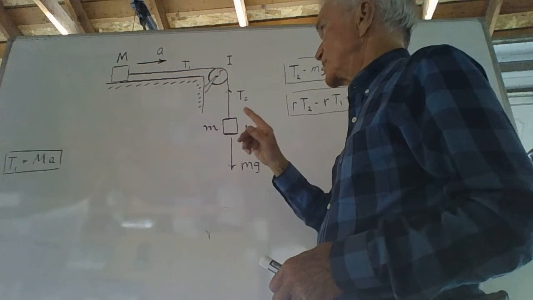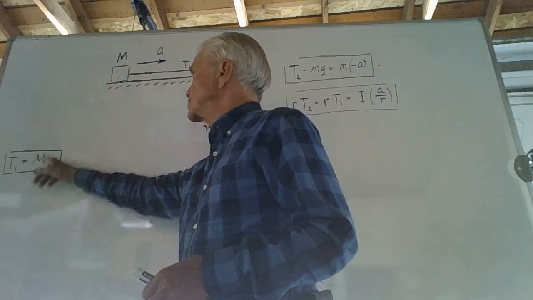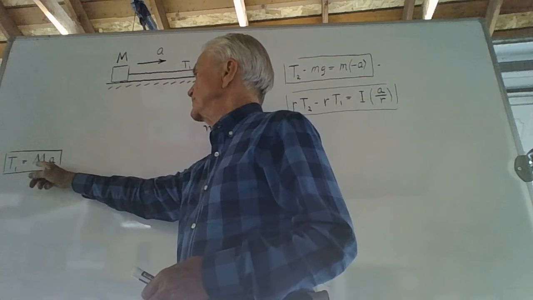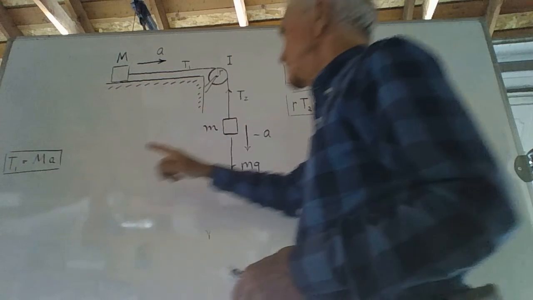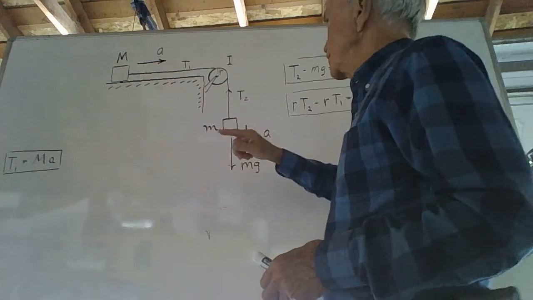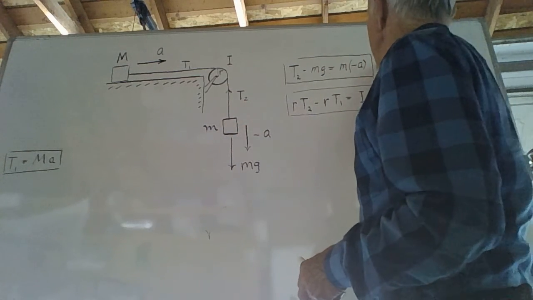In the previous lecture, I applied Newton's second law in linear form to the block on the tabletop, obtaining that equation. Likewise, I applied the linear form of Newton's second law to the hanging block, obtaining that equation.